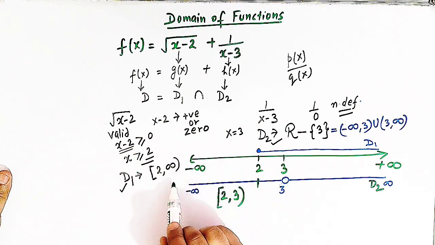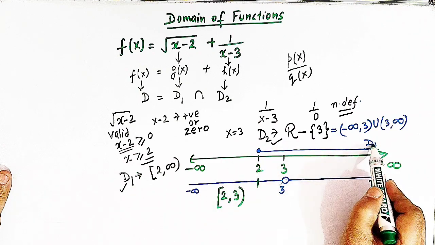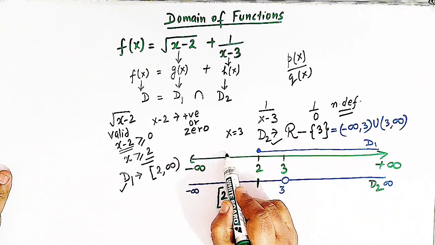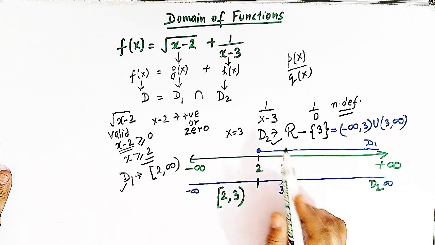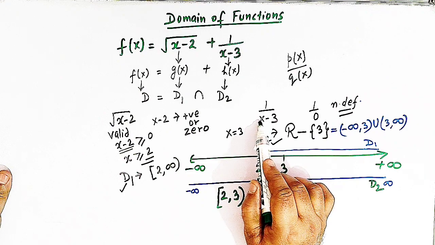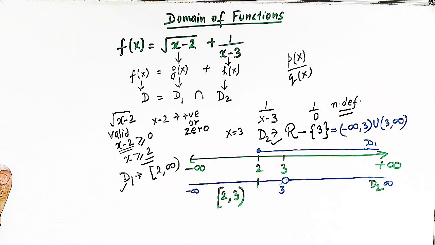The region from minus infinity to 2 is not included in D1, so we'll leave it, and then we'll take the interval from 2 to 3. 2 is included and 3 is excluded, because 3 will make x minus 3 zero, and 1 over 0 is not defined, right?